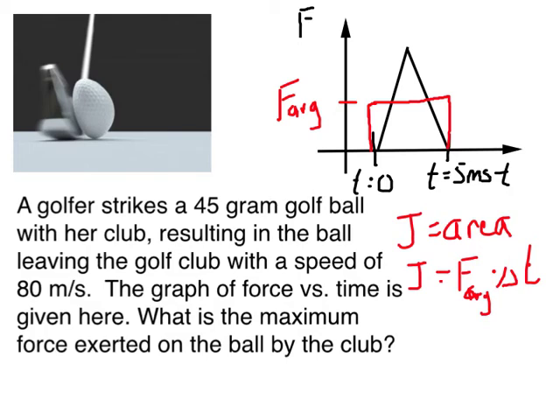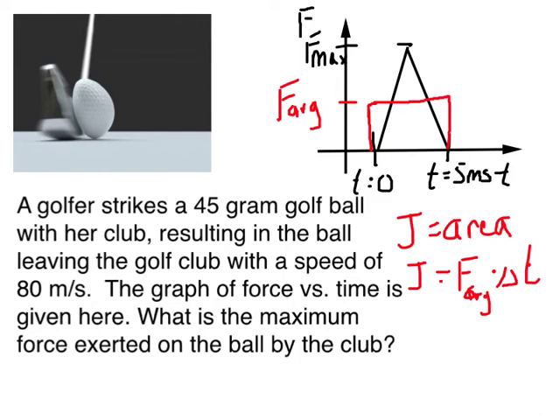Well, in this problem, we're shown the actual graph of the force, and forces usually don't have these straight lines. It's usually a little bit of a curve, but a triangle's an approximation. And now the maximum force is on the graph at the very top here. So this very top is the maximum.